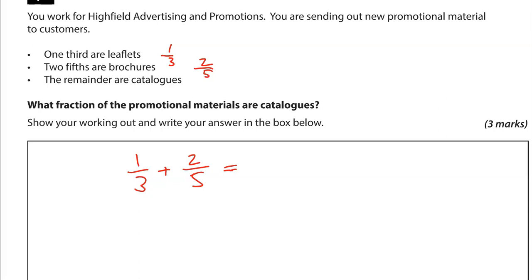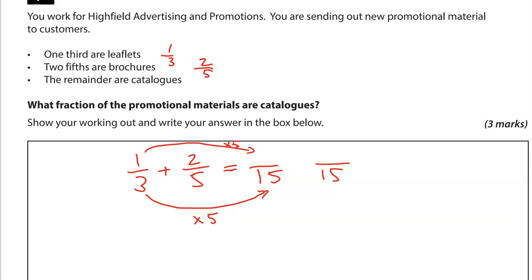A common denominator for both, that can be 15, because 3 goes into 15 without a remainder, and 5 goes into 15 as well. So to get from 3 to 15, what have we done? We've multiplied by 5. So we need to do the same to the top number, times 5.